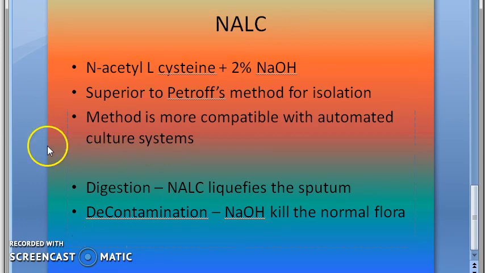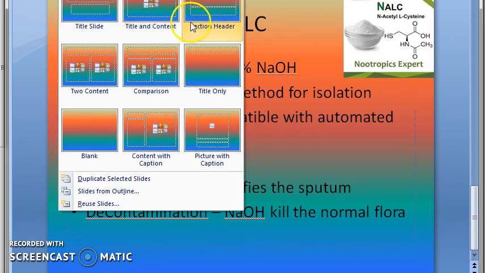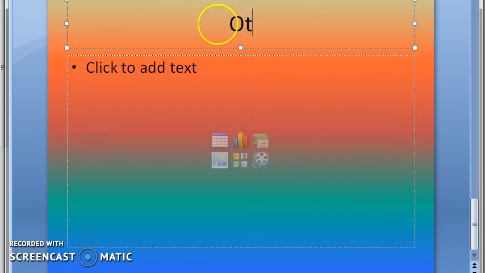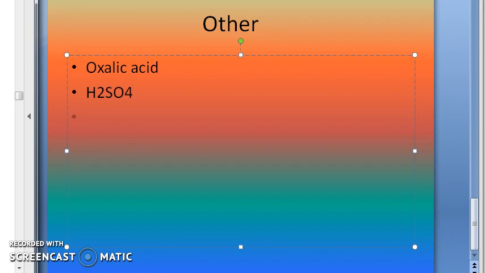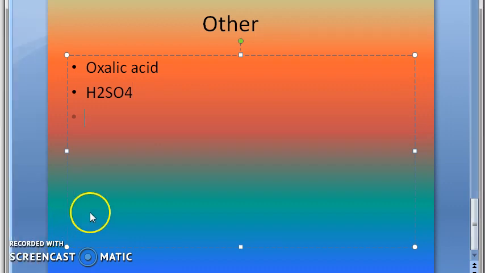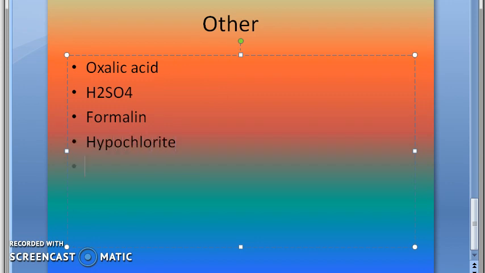So two methods they have told. Some other methods they have spoken of actually, where they are using oxalic acid, H2SO4, hypochlorite, formalin, but these are not used much.